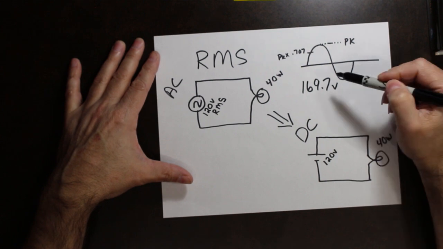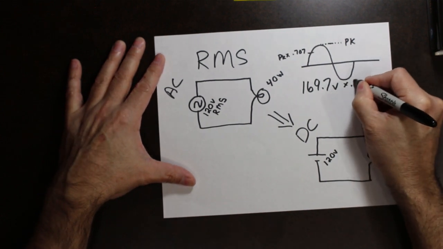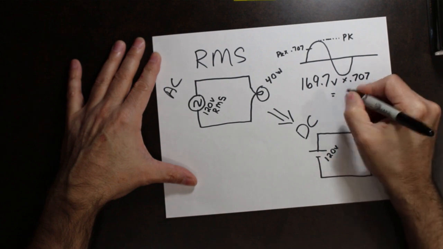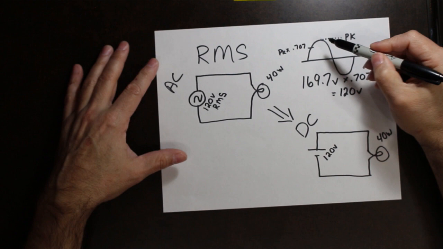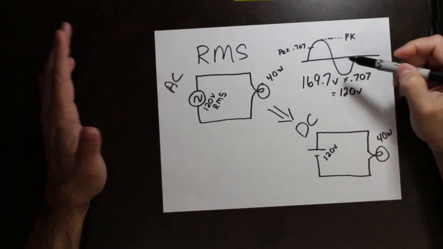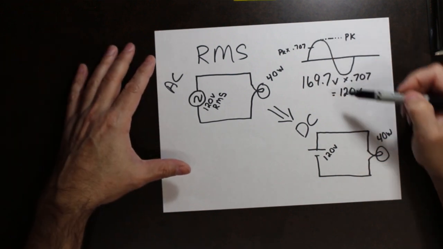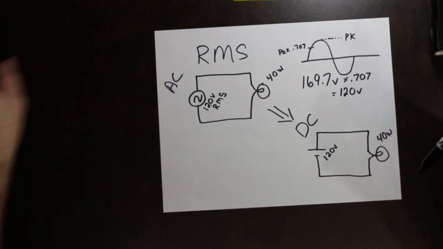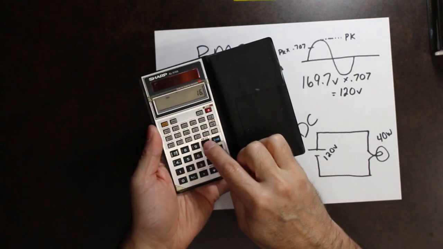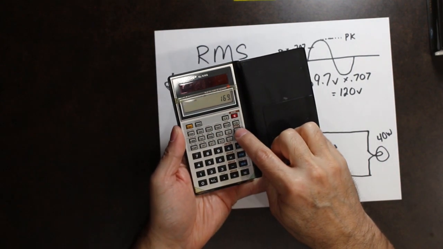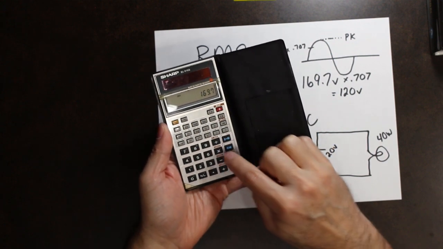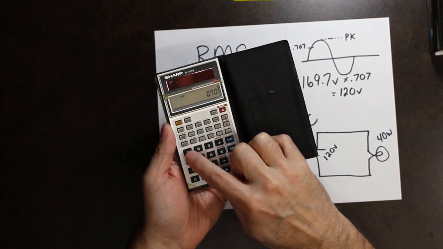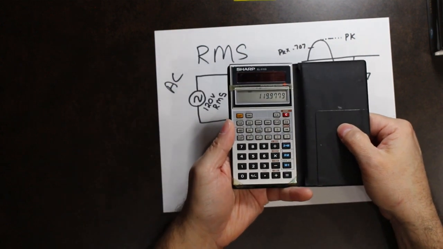The peak times 0.707 is going to give me approximately 120 volts. So if we take a peak value of 169.7 volts and multiply that by 0.707, it is going to give us 120 volts.